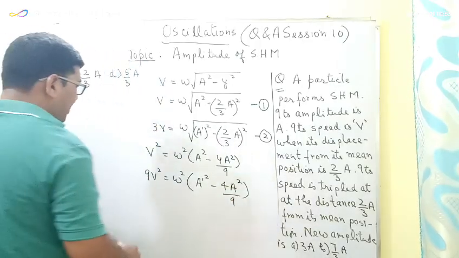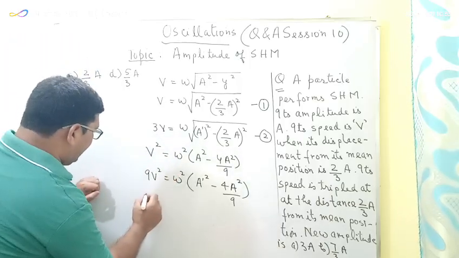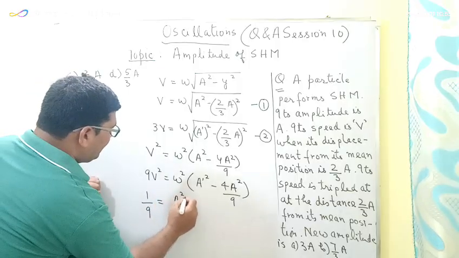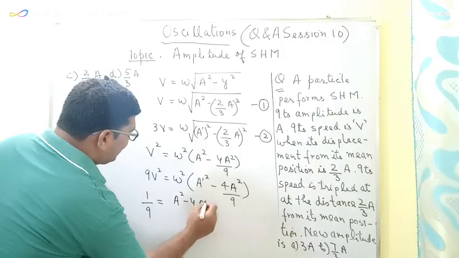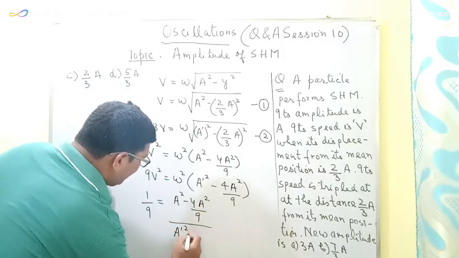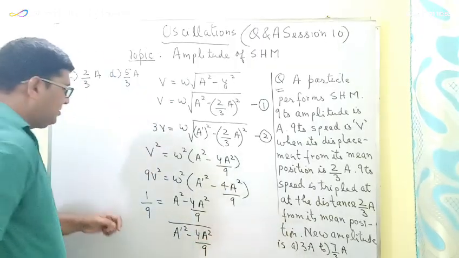So by dividing these two equations, I will be getting 1 upon 9 is equal to (A square minus 4A square upon 9) divided by (A dash square minus 4A square upon 9).